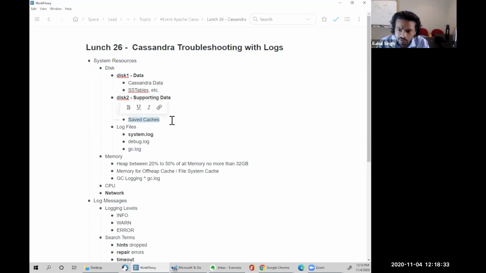And then there's some saved caches on disk. These are not 100% important in terms of, if you were to lose all of your supporting data, you'd probably be okay, right? Unless it's super critical, then you definitely want to have a commit log. But if you have two disks, one with Cassandra data and another with commit log, both disks are simultaneously taking writes, right?